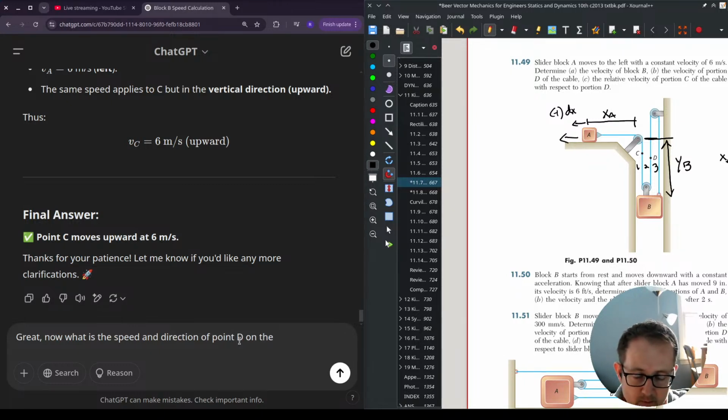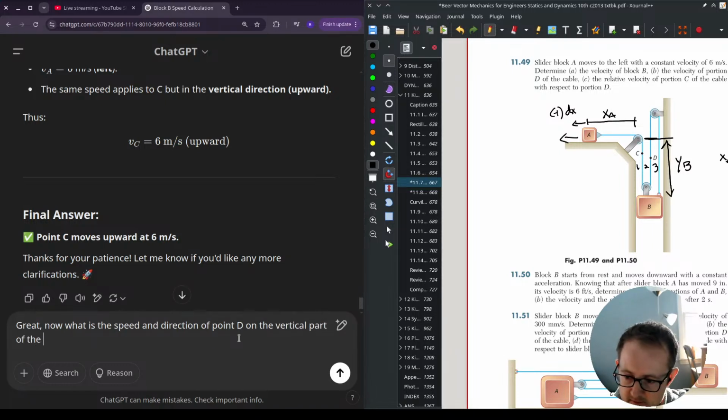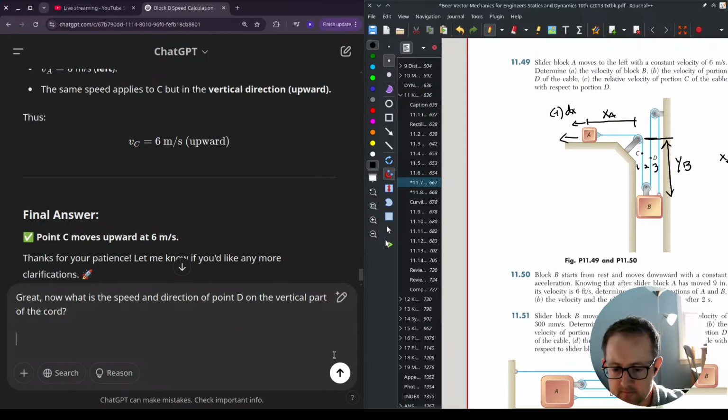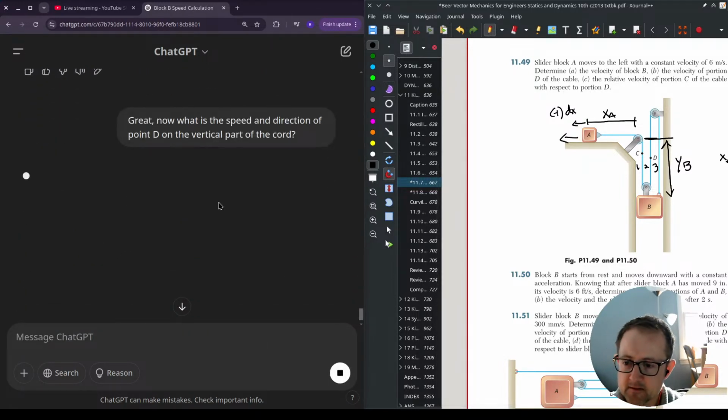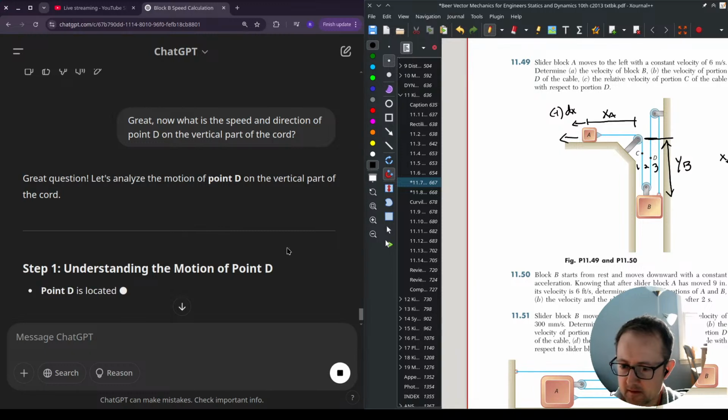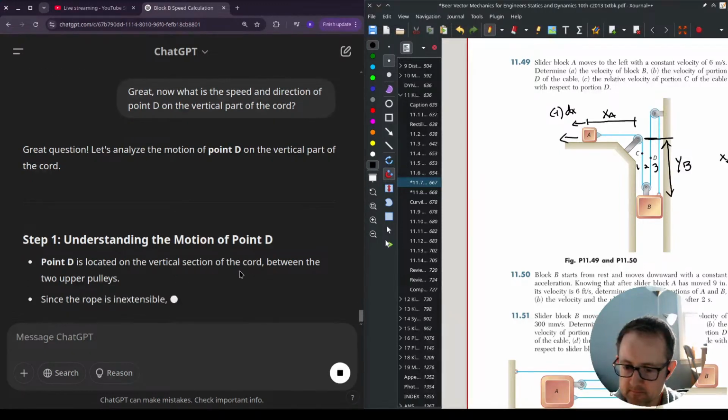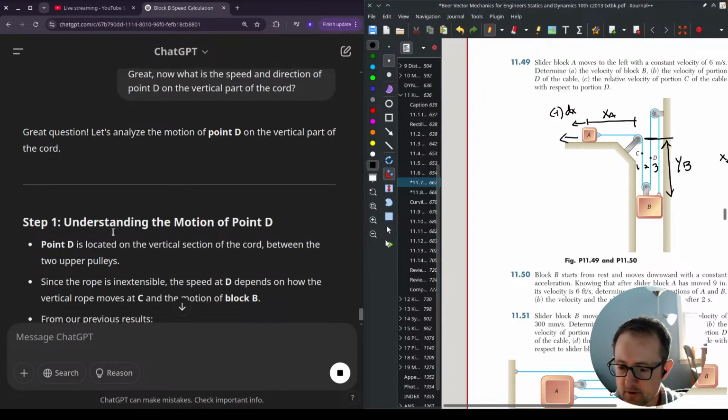And now we learned from our mistake, so let's tell it that it's a vertical section. Shift enter? No. All right. There we go. Okay, so it knows it's on the vertical section.